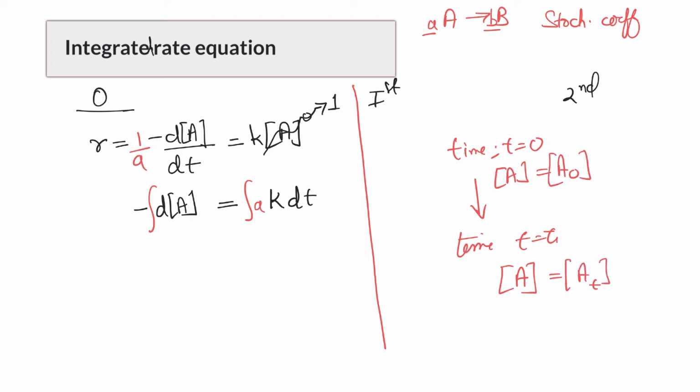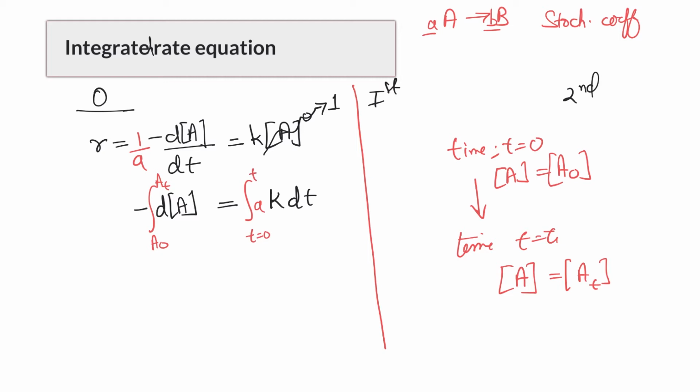So we have to integrate the amount of reactant that would be left at that time. So the limits can be A0 to At. Remember, I have excluded or brought the minus sign outside because it makes no difference, by the rules of integration and differentiation. And so here we have to say t equals 0 to t.